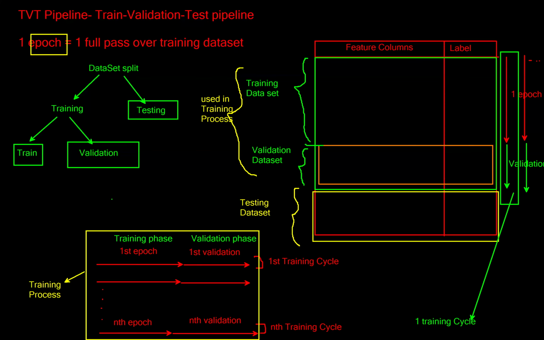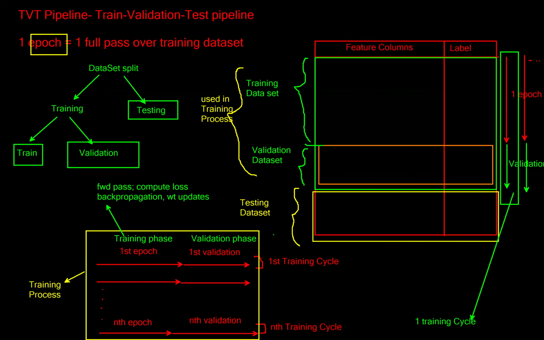So what happens in the training phase? What are the different steps happening? The forward pass is happening, correct? Then computation of the loss is happening. Back propagation is happening, and weight updates are happening accordingly.